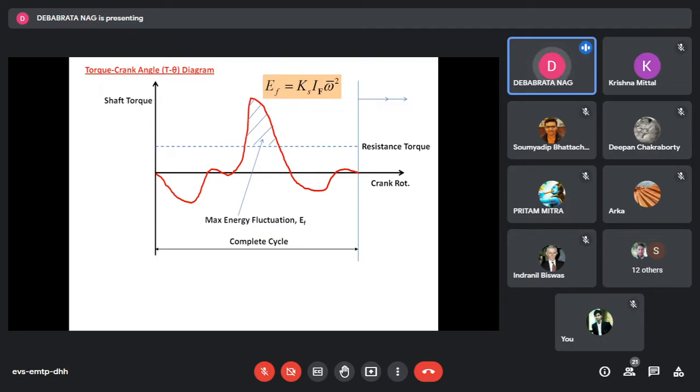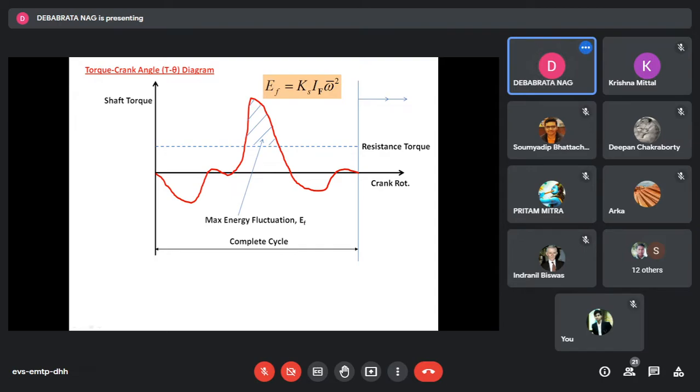It stores that extra amount of energy within it, and it will supply that extra energy during the bad times to the system. Bad times means when the demand is more but the supply is less. So that excess energy which is stored within the flywheel during the good times will be supplied back to the system during the bad times.